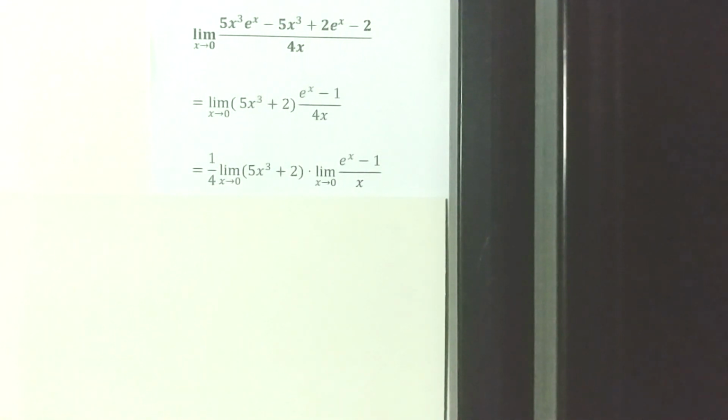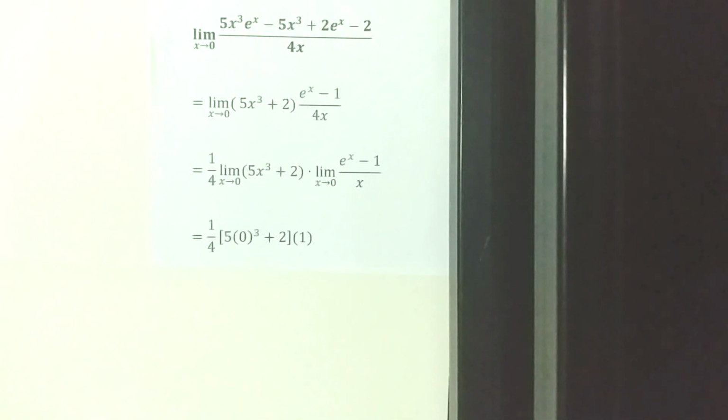The limit of (e to the power of x minus 1) all over x as x approaches 0 is just equal to 1. And we substitute 0 for the value of x in 5x cubed plus 2. Note that the value of x is not exactly 0. It is just very, very close to 0.